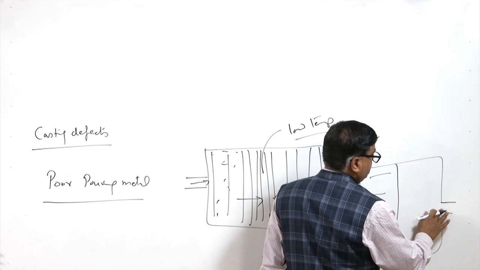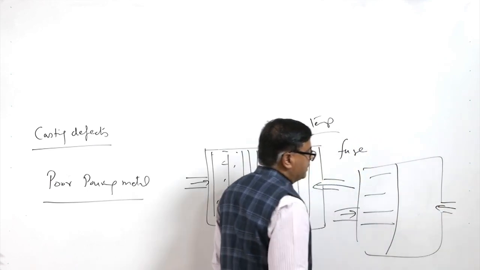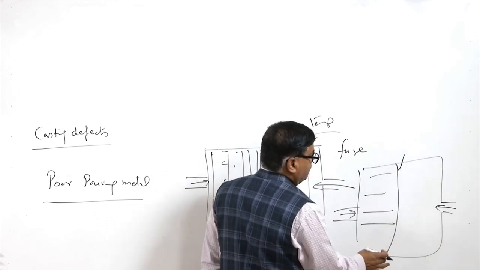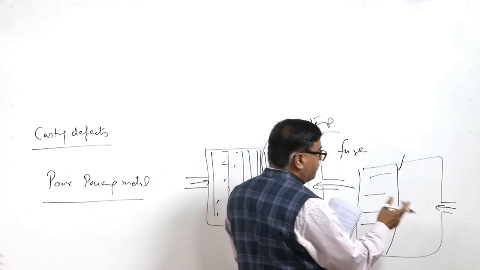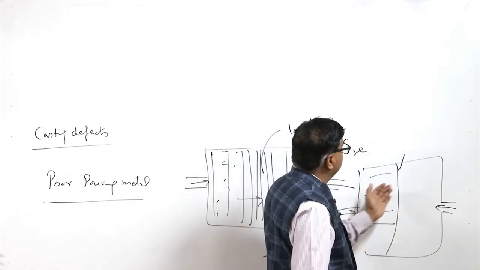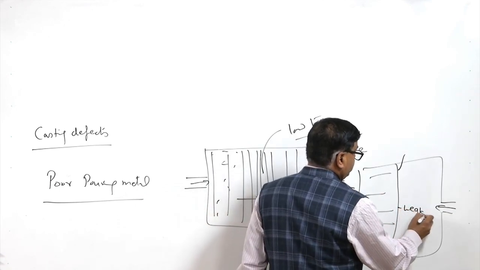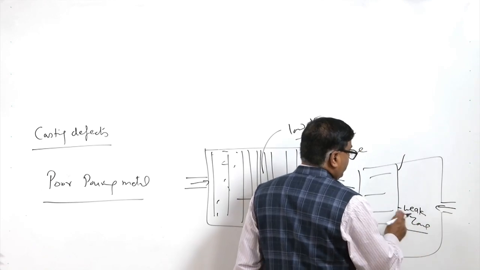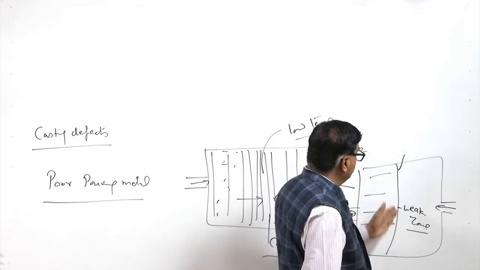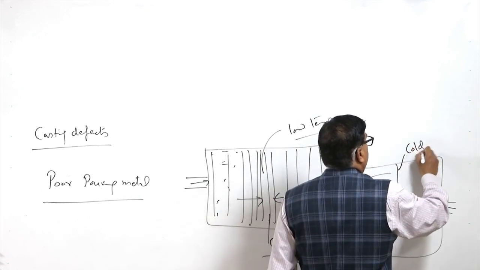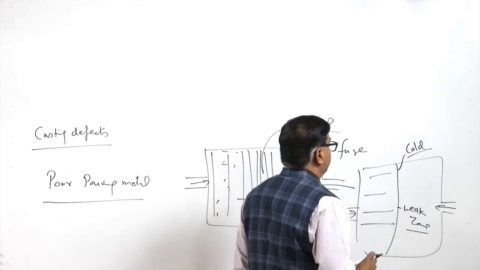This is the zone which has been filled in by the molten metal from the other side, but this is the region where proper fusion has not taken place, proper mixing has not taken place. Then it will be leaving a weak zone at the interface where the two streams have met with each other, and this is due to the limited or poor temperature.